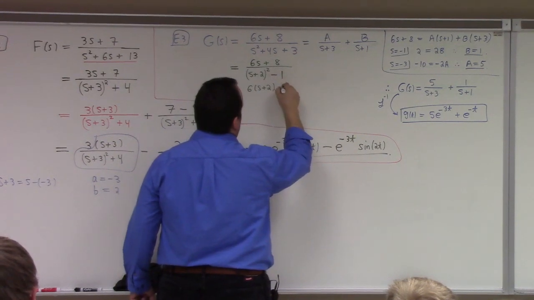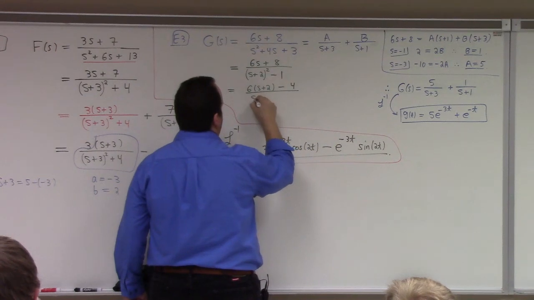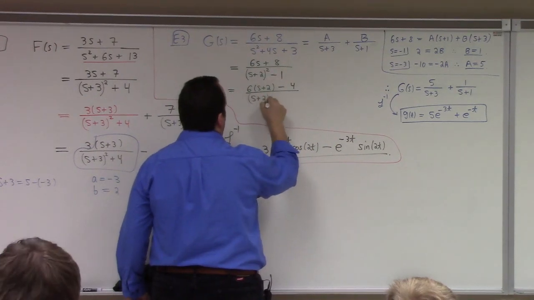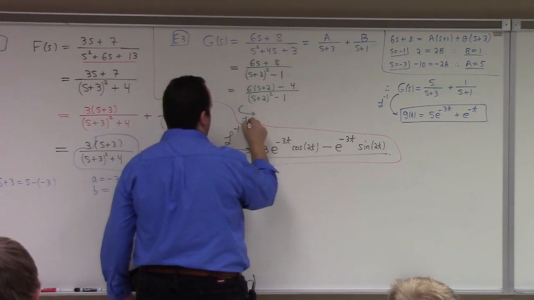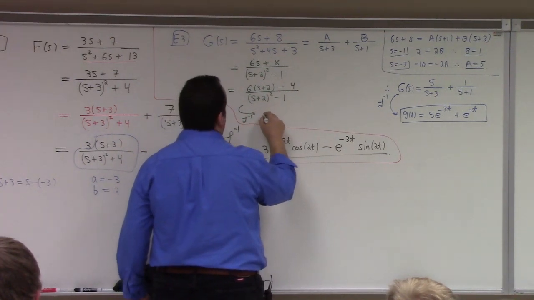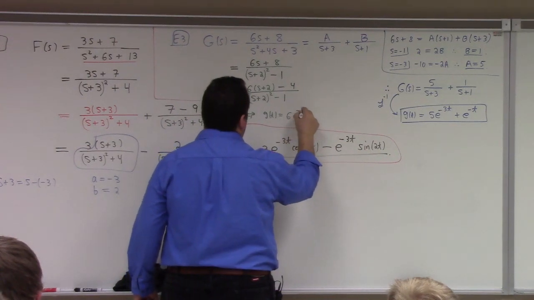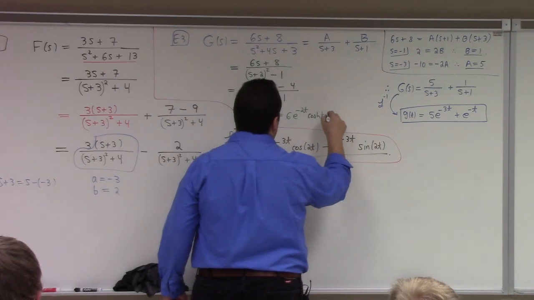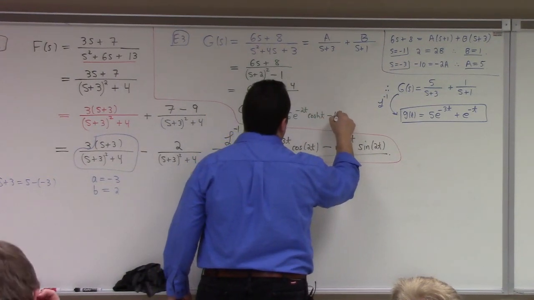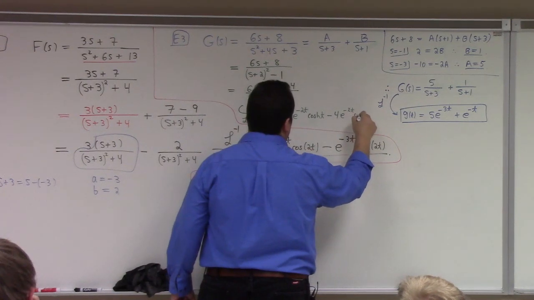That gives me a net of minus 4. And then inverse Laplace transform, and I get g of t is 6 e to the minus 2t cosh t minus 4 e to the minus 2t sinh t.